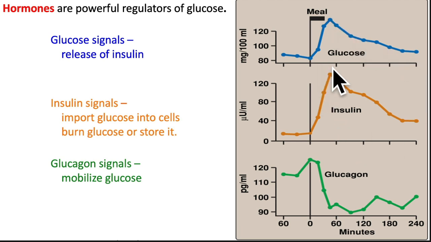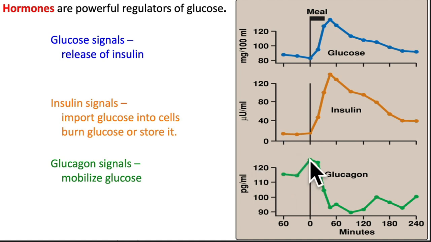And as the glucose concentration starts going down, there's less of a signal to release insulin, so its concentration goes down. Glucagon has the opposite effect of insulin. So when you have a very low glucose concentration, say first thing in the morning, you have quite a bit of glucagon saying, hey, we need more sugar in the blood.